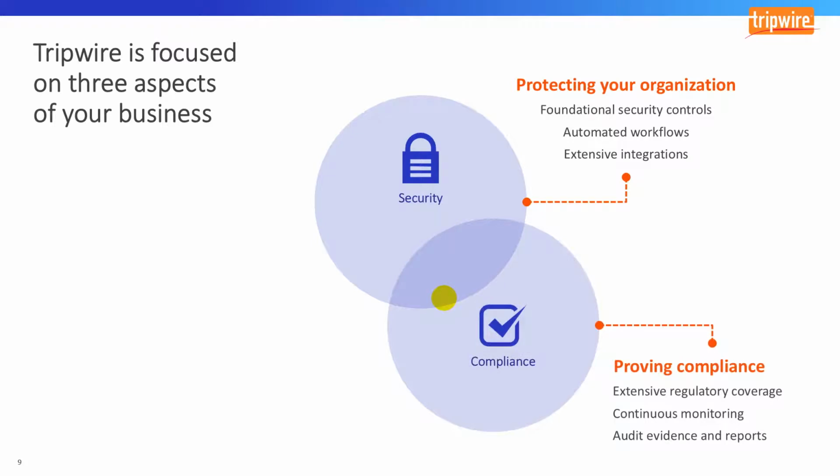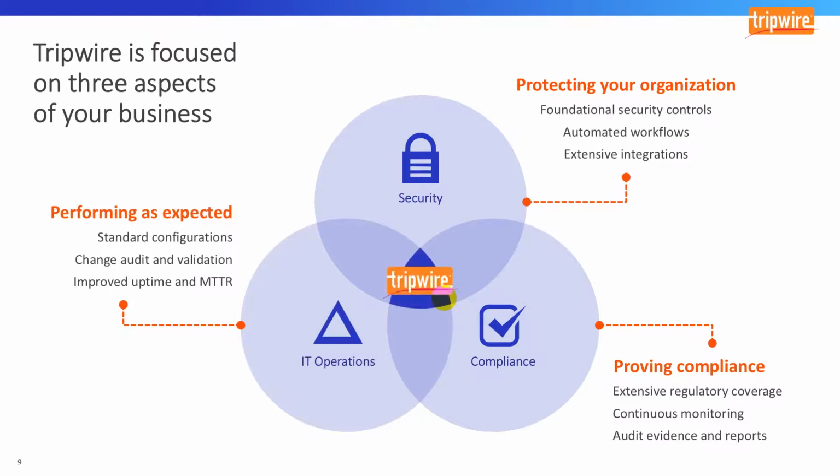This is one of our core values, or core vision. We have compliance, and also the IT operations. Tripwire can deal with these three aspects. For example, if your security team has the goal of keeping data confidential, Tripwire can help this security team maintain their goal.